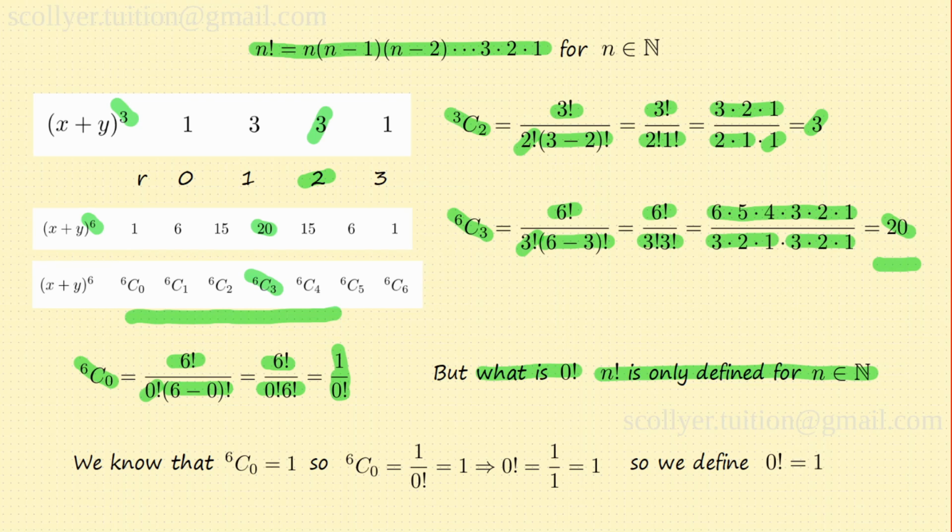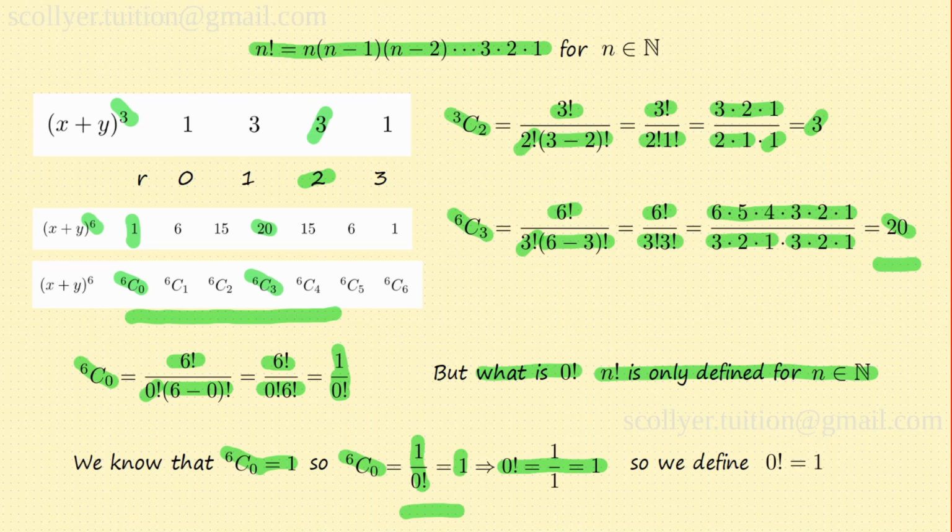However, we know that 6C0 equals 1 from this table here, 6C0, 1. So we can say that 6C0, which we've calculated to be 1 over 0 factorial, equals 1, and we can solve this equation to show that if 6C0 must be 1, then 0 factorial must be 1 over 1, which equals 1.